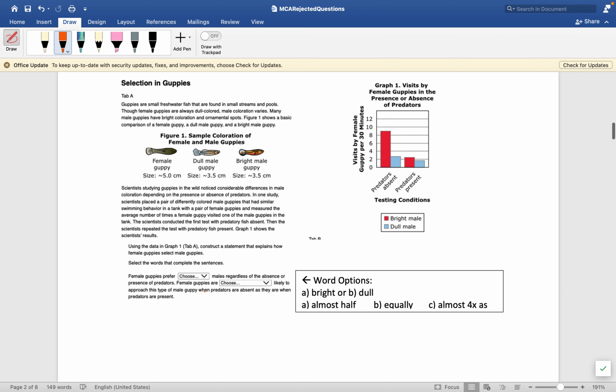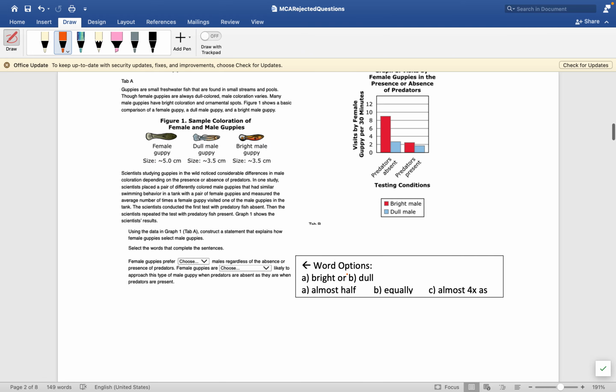So select the words that complete the sentences. So here are your word options. Female guppies prefer, well, according to the graph, bright males, okay? Over dull males, regardless of the absence or presence of predators. Female guppies are, what do you guys think? Well, if we look here, this is 9, and this is like 2, 3, I don't know, slightly over 2.